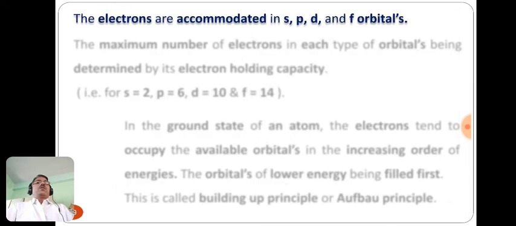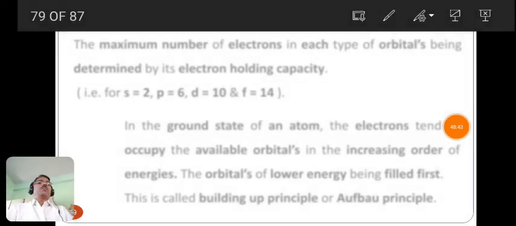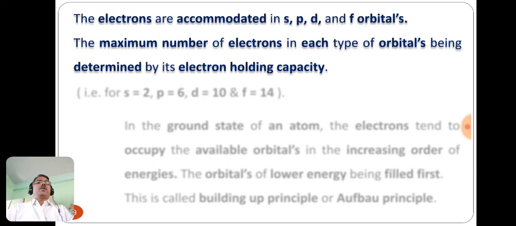The electrons are accommodated in s, p, d and f orbitals. The maximum number of electrons in each type of orbital is determined by its electron holding capacity. The electron holding capacity of the s orbital is 2, p orbital is 6, d is 10 and f is 14.